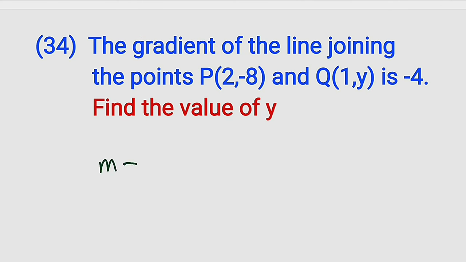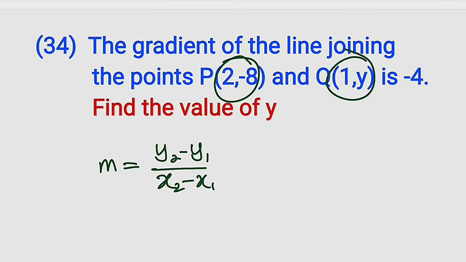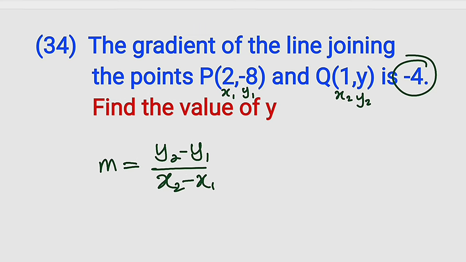m is equal to y2 minus y1 divided by x2 minus x1. So we have two coordinates. We may decide to start from either direction. So if we call this one x1 and this y1, this will be x2 and this is y2. So let's substitute, and this is our slope m.